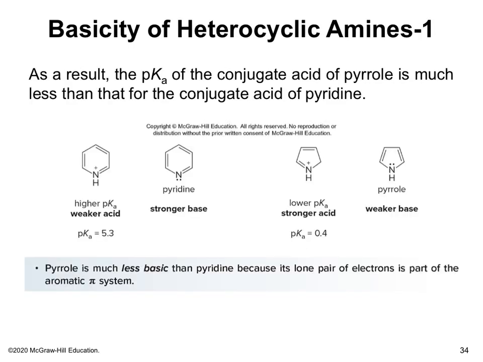And this is in terms of if you protonate it, then you can look at the pKa values. This is showing you pyrrole is a weaker base, and it actually gets protonated on a carbon.